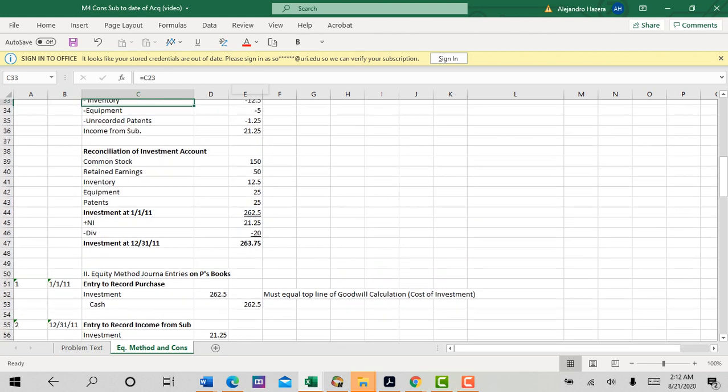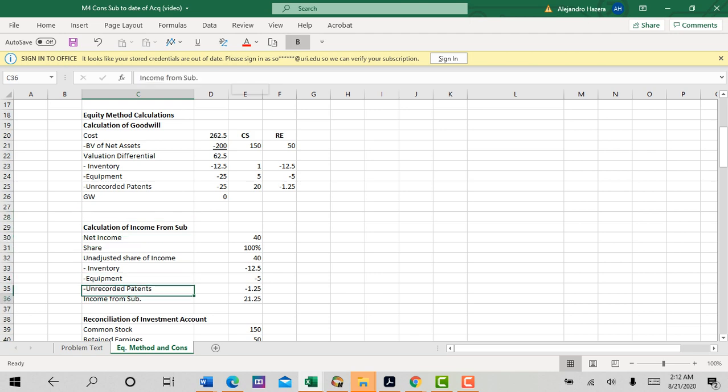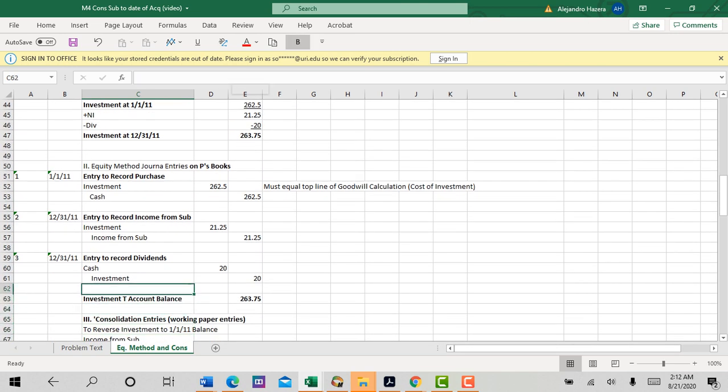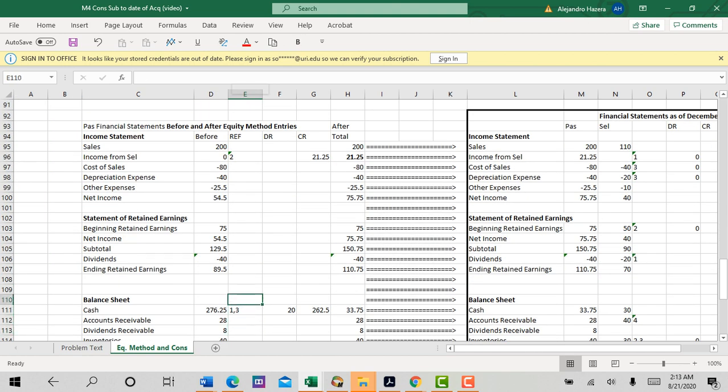We had done all these calculations up here for the equity method, and we had done our 3 equity method journal entries, which are really quite easy, to come to a T account balance of 263.75. And then we had taken the parent's financial statements before the equity method and come to the statements after the equity method.